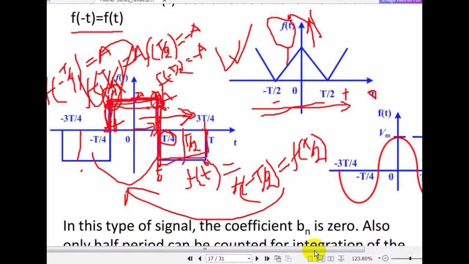Sir, is minus T by 4 to T by 4 one cycle or half cycle? It's half cycle.